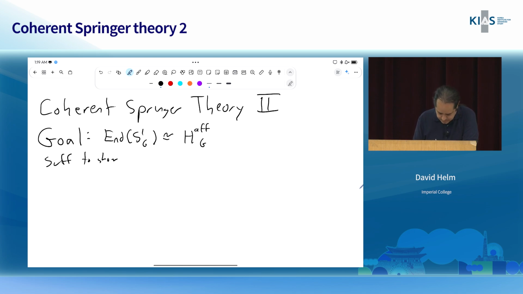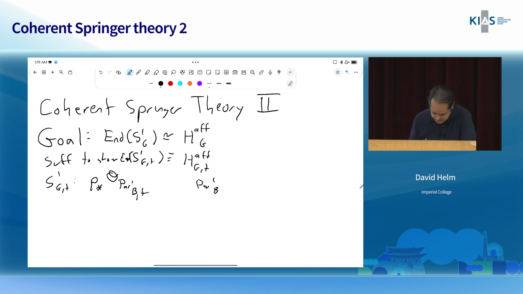So it suffices to show instead that End of S1 GT was isomorphic to this H F GT, where S1 GT was p lower star of O par 1 B T along the map from par 1 B T to par 1 G T.